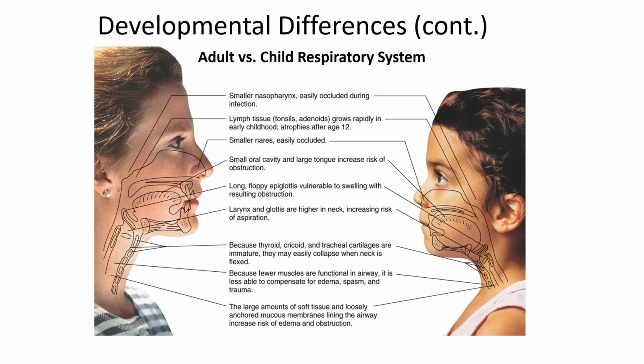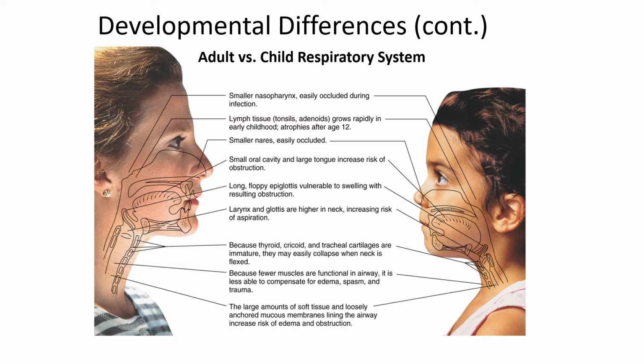The larynx and glottis are higher in the neck, so there's an increased risk of infection. The thyroid, cricoid, and tracheal cartilages are what? They're immature, so they may easily collapse when the neck is flexed. There are fewer functional muscles in the airway, so it's harder to compensate for the edema and any spasm or trauma that might occur.